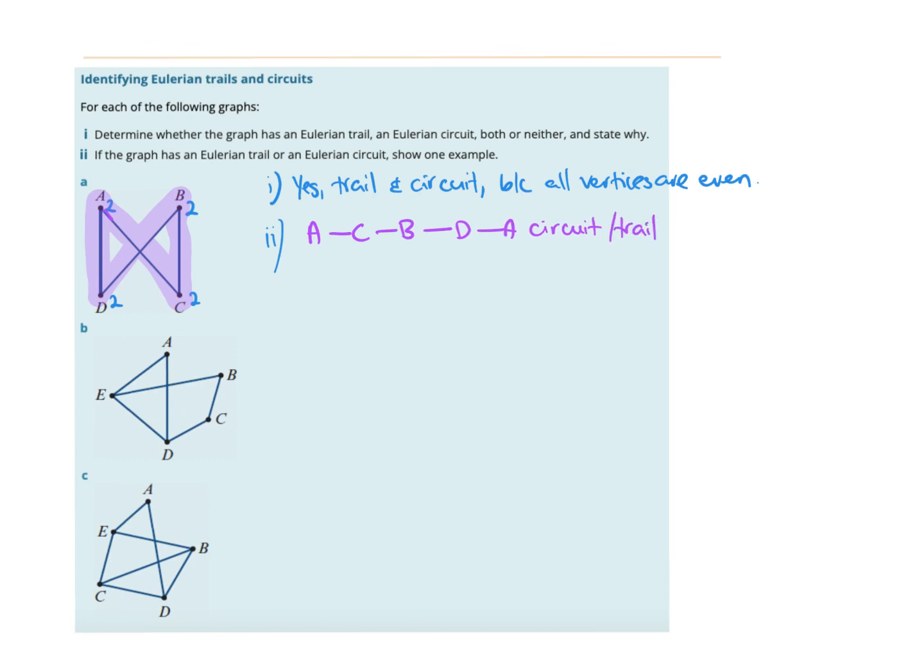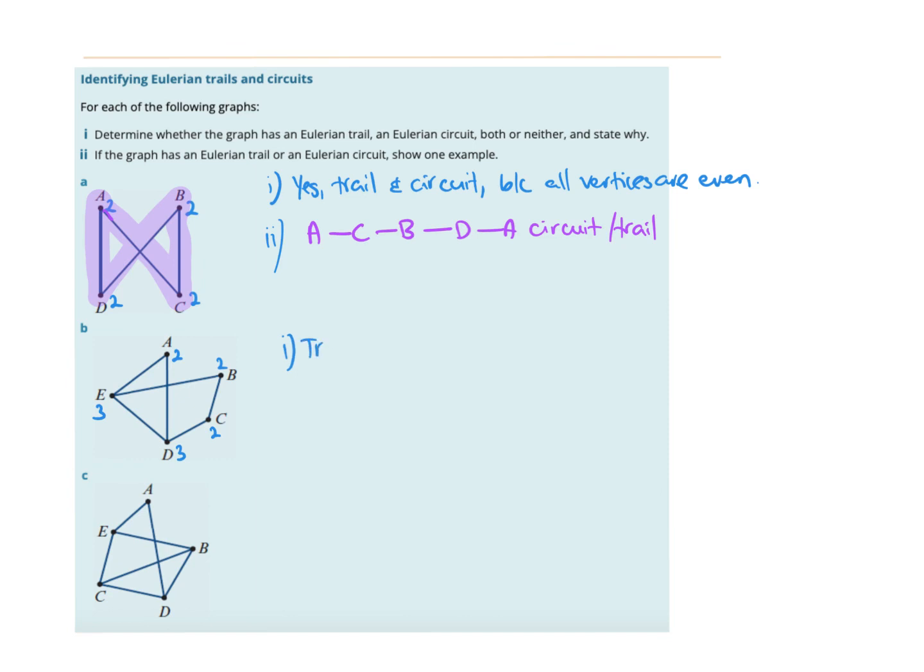Okay, so if we look at the next one, first of all we're going to see if we can get a circuit or a trail. The degree of A is 2, the degree of B is 2, C is 2. Now the degree of D is 3, and the degree of E is 3. Because I have 2 odd, I can only get a Eulerian trail, and that's it.